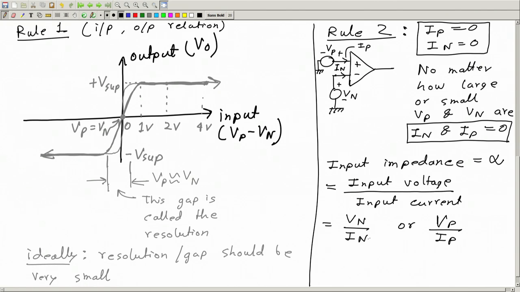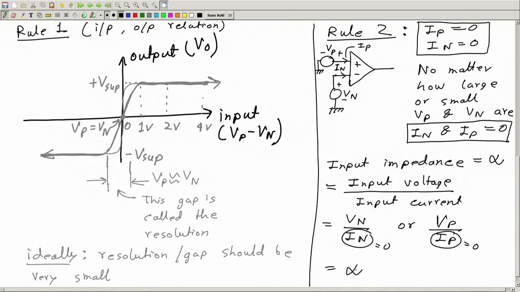In either case, the denominator is equal to 0 or very small, and the numerator is a finite number, therefore this is equal to infinite.